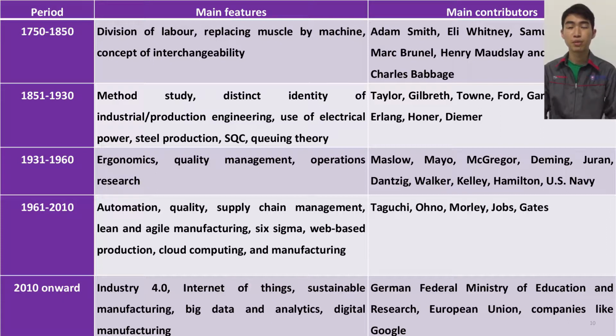And then the latest period, 2010 onwards, has the main features of Industry 4.0, Internet of Things, IoT, sustainable manufacturing, big data and analytics, and digital manufacturing. The main contributors for all of the 5 periods are shown in the rightmost column in the table. That's all from me. Thank you.